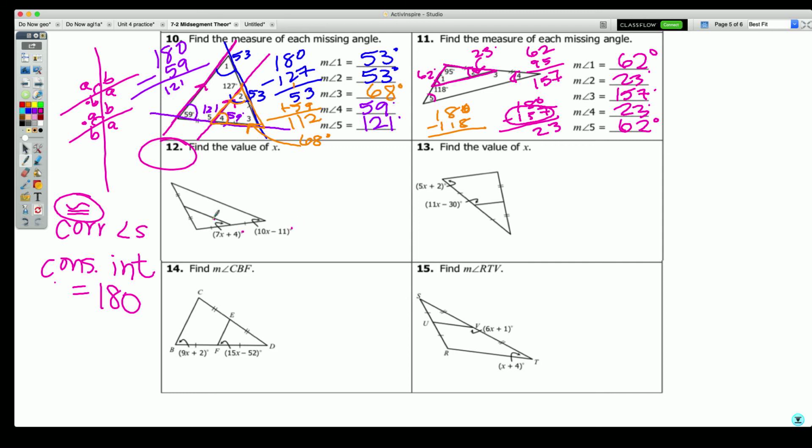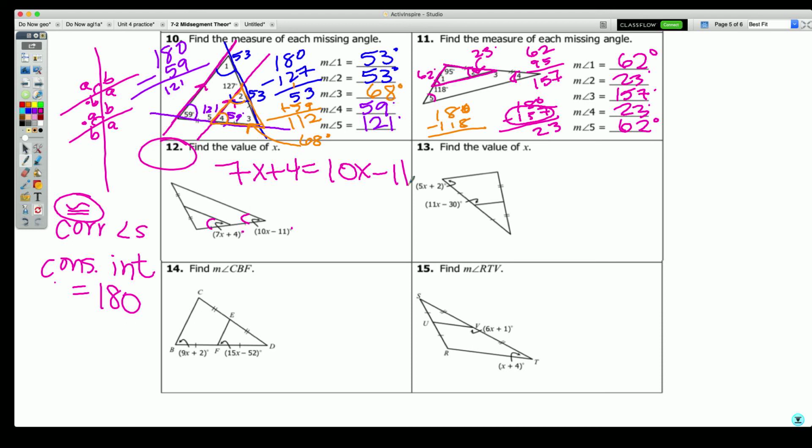So I know these are angles, so your job is to determine, are they corresponding or are they consecutive interior? Look at number 12. They are corresponding. We see that they are in the same spot. They're the same angle, which means they're congruent, which means I do what with them? We set them equal.